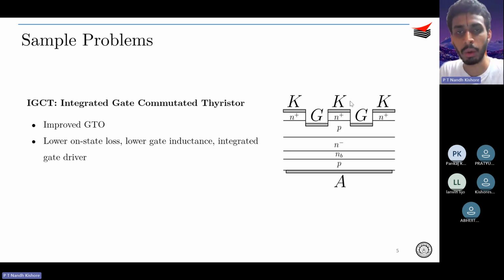Essentially, you will have control over its turn on and turn off as well. And the idea is, since you're integrating all of them into a single package, the losses will actually be lesser. A practical visualization can be something like this: earlier you had all those discrete devices which you needed to connect individually, right? But if you take your CPUs or computers, you have integrated circuits, or what are known as ICs, right?